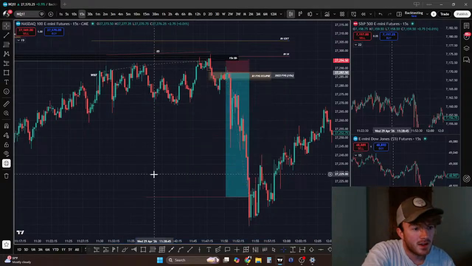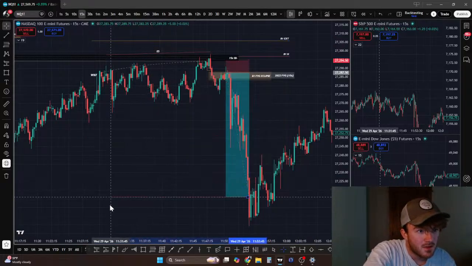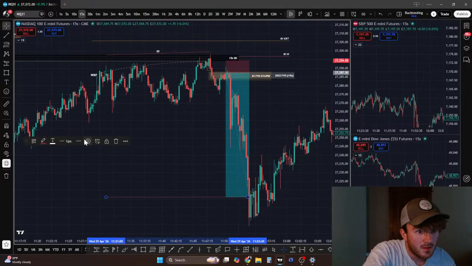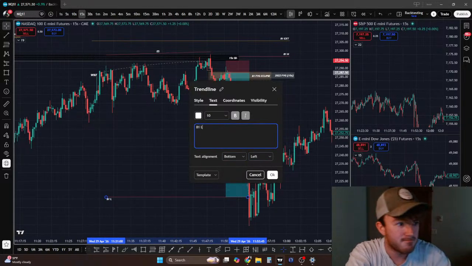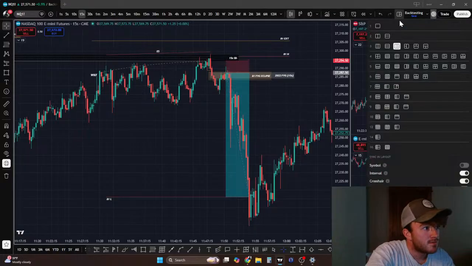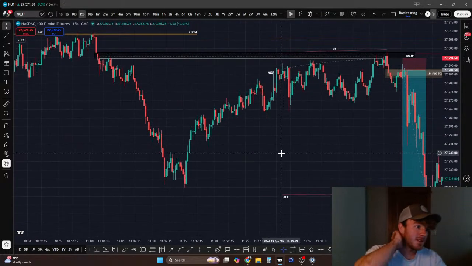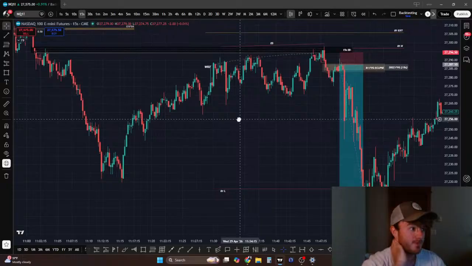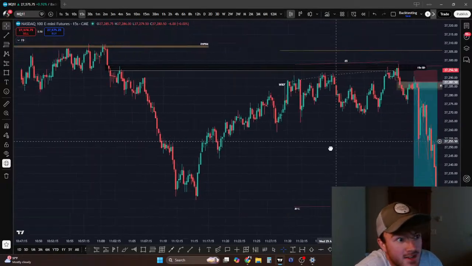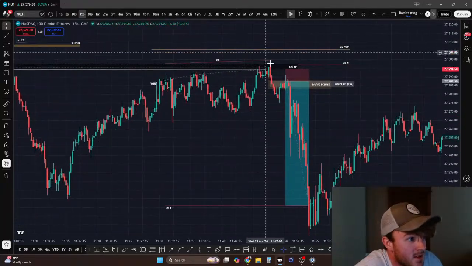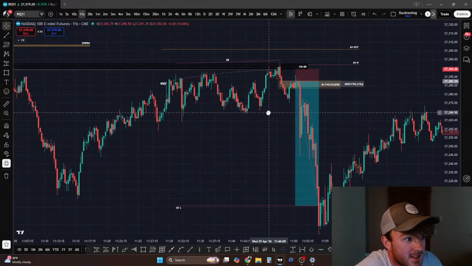And I got the 81 low. Now, tell me that isn't cool, right? Even the outside bar off of those highs, that was a fantastic trade.